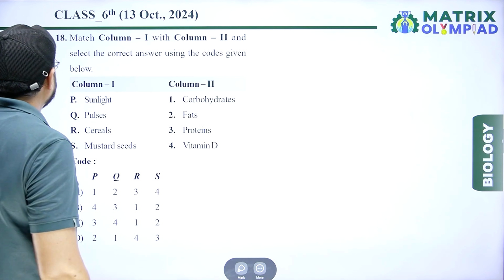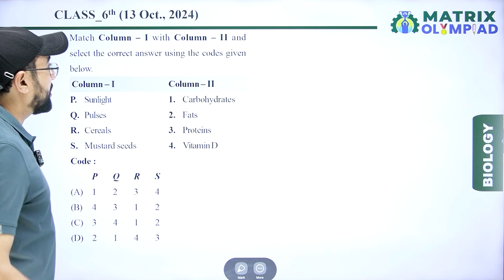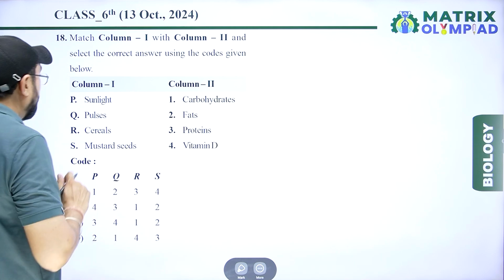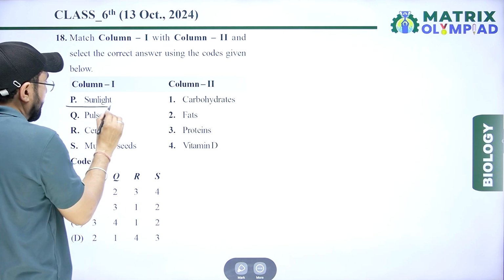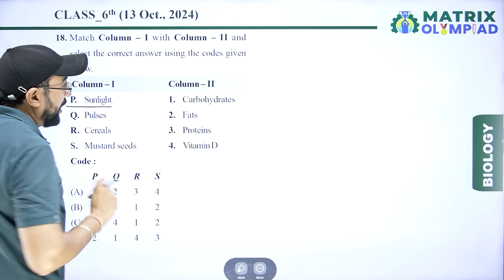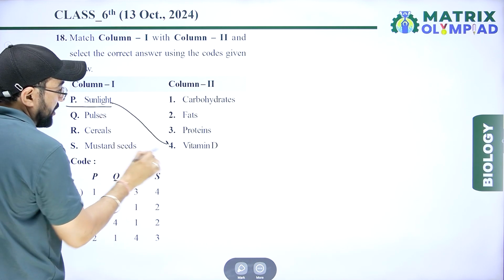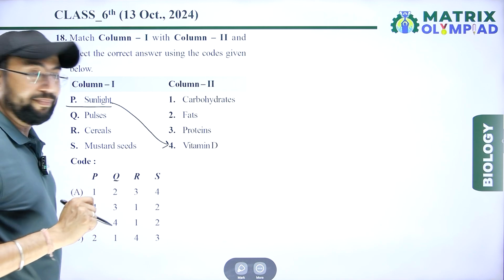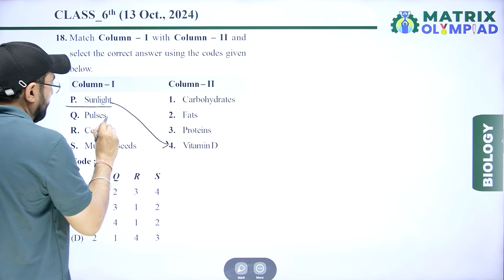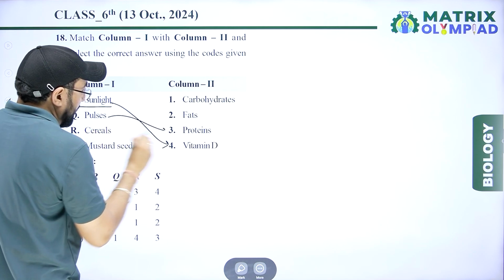Next question is, match column first and second. In column first, P, sunlight, matches column second, vitamin D. Pulses for protein.